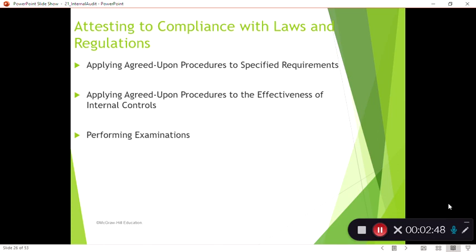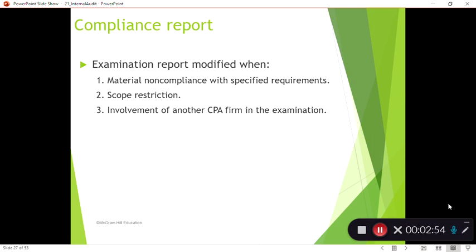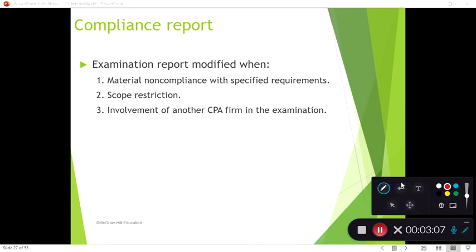So that's just kind of breaking those down to the different levels we can do the attestation. And so if we have a full-on examination, we're going to have a report just like we have the audit opinion. And so usually it's going to say, we conducted this examination, and we'll specify in accordance with what criteria we used.